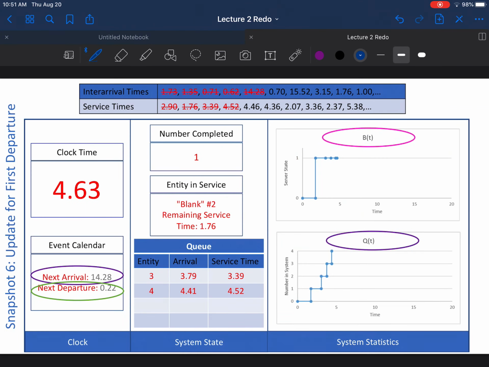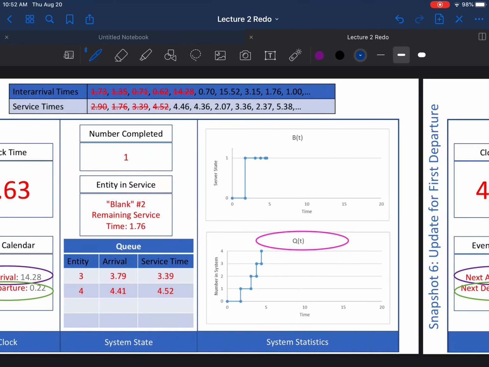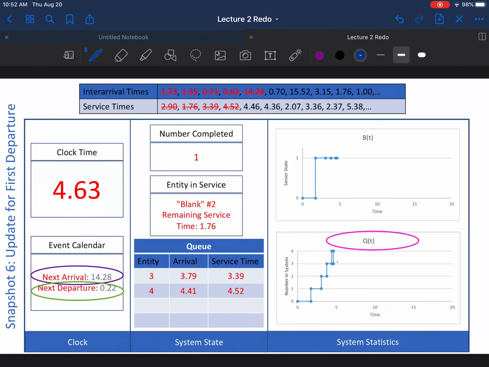It's a bit hard to write with a hand. Again, you don't need to be to scale. Of course, you should respect the fact that we're still less than 5 here. Now we think about Q of t, the number in system. That decreases now to 3, right? Because we finished number 1, it leaves the system. So you can see this kind of goes down. Again, the time scale is quite small when you're increasing it by 0.22, given the scale of our time axis.